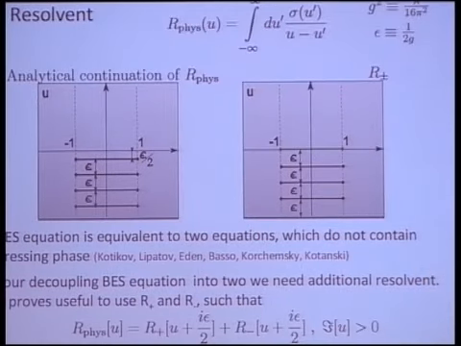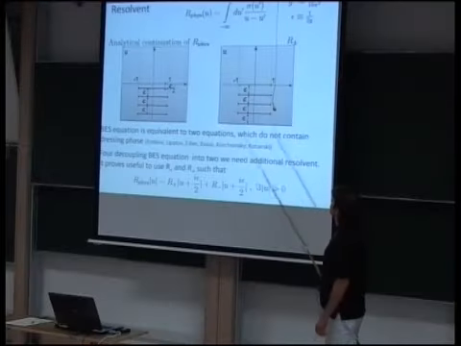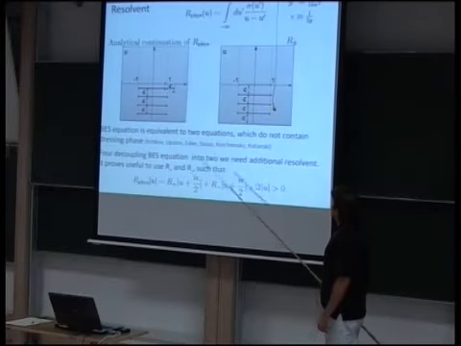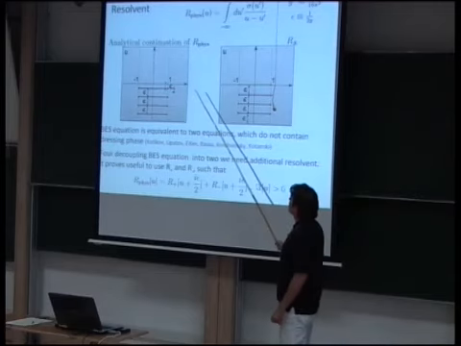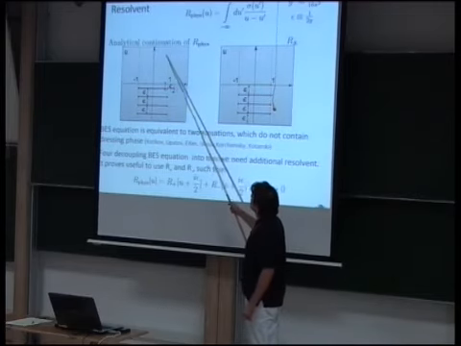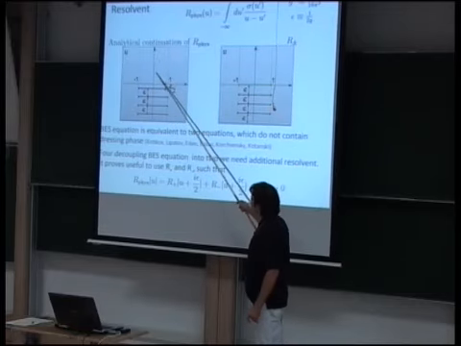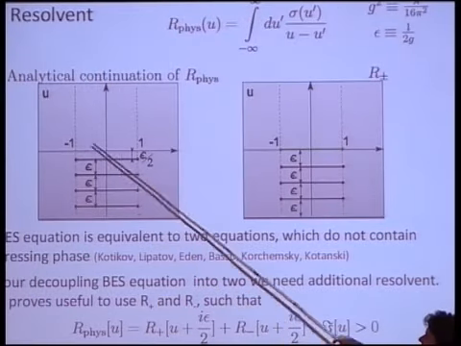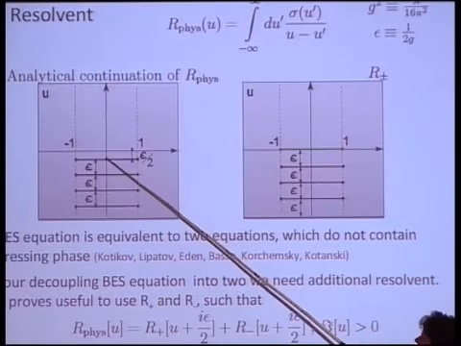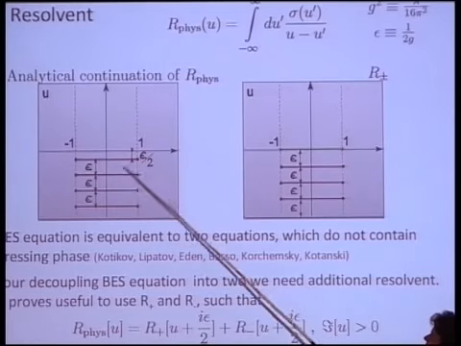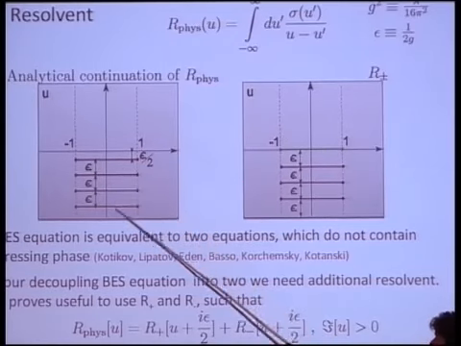The second part of my setup is the introduction of the resolvent for the fluctuation density in the Bethe equation. As I will show in a moment, if I take my physical resolvent in the upper half plane and make an analytical continuation to the lower half plane, I will see that this resolvent has such a branch cut structure.